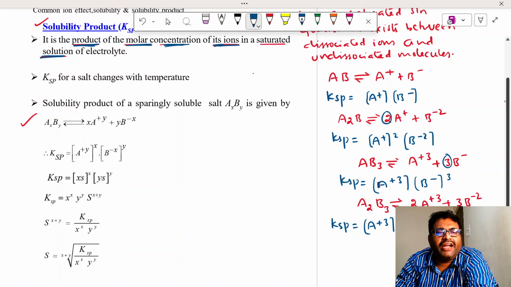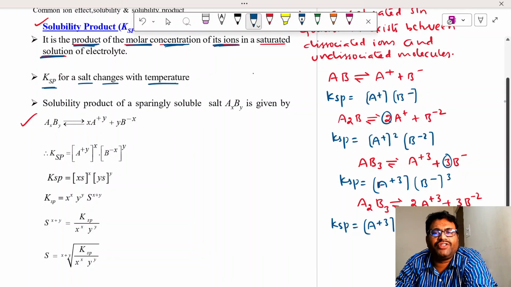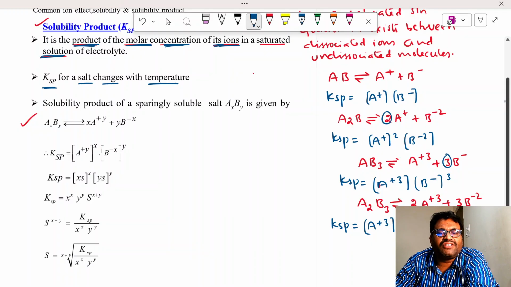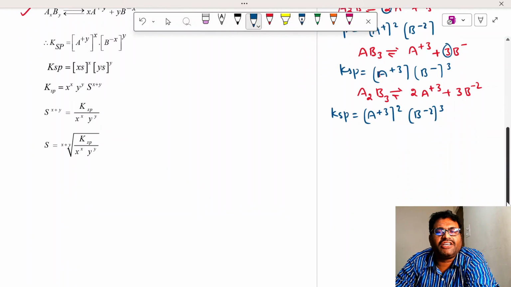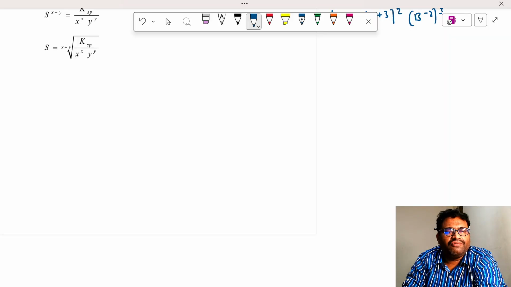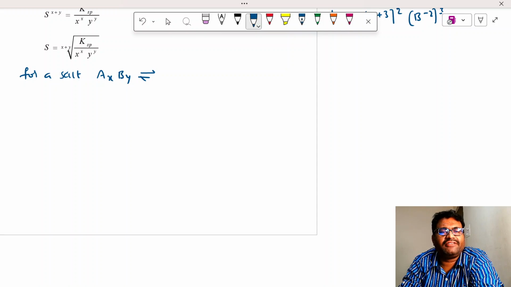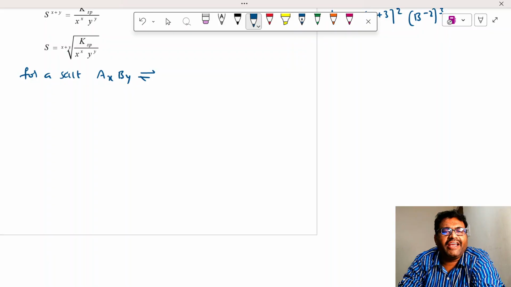And this KSP of a salt changes with temperature. It varies with the temperature. Let us take a general salt. For a salt of AXBY, see, how many A are here?